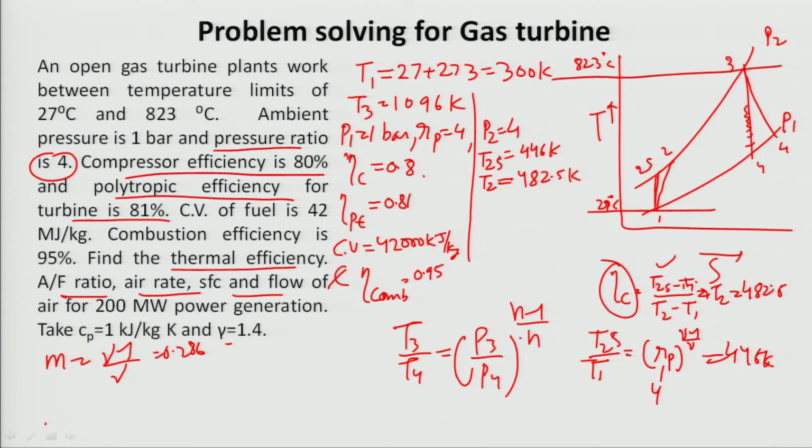It is a polytropic process, and here we have to find out the value of n, which is not given to you. Instead of the value of n, you have been given the polytropic efficiency of the turbine. So with the help of this polytropic efficiency, first we have to find out the value of n, and then by putting that value of n in this equation, we can find out the value of T4.